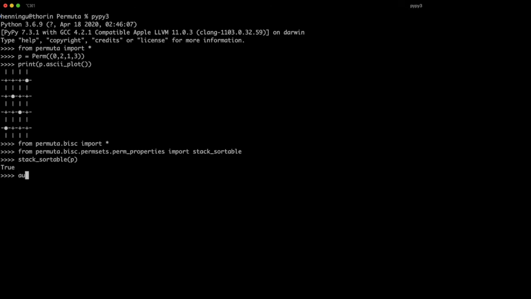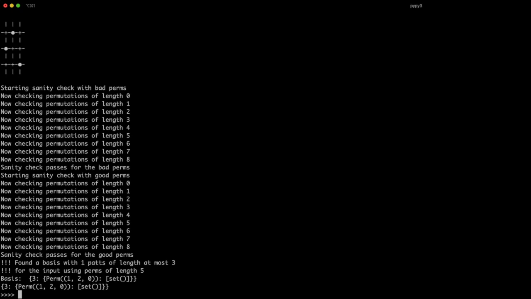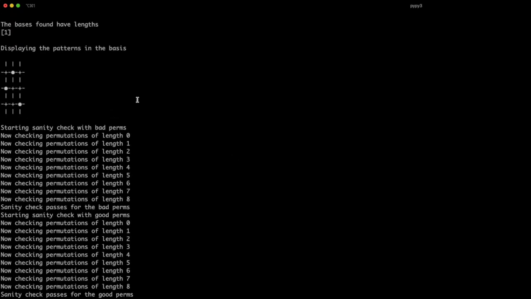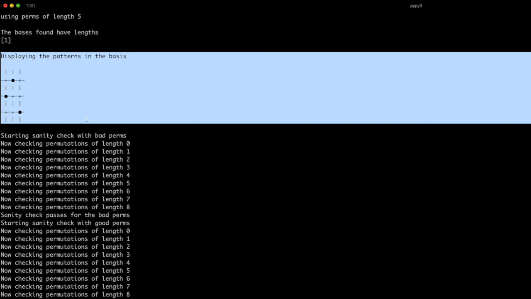And now the easiest way to use BISC is to use a function called autoBISC and just give it the property we imported. And this will generate some permutations and try to figure out which pattern should be avoided to satisfy the property.